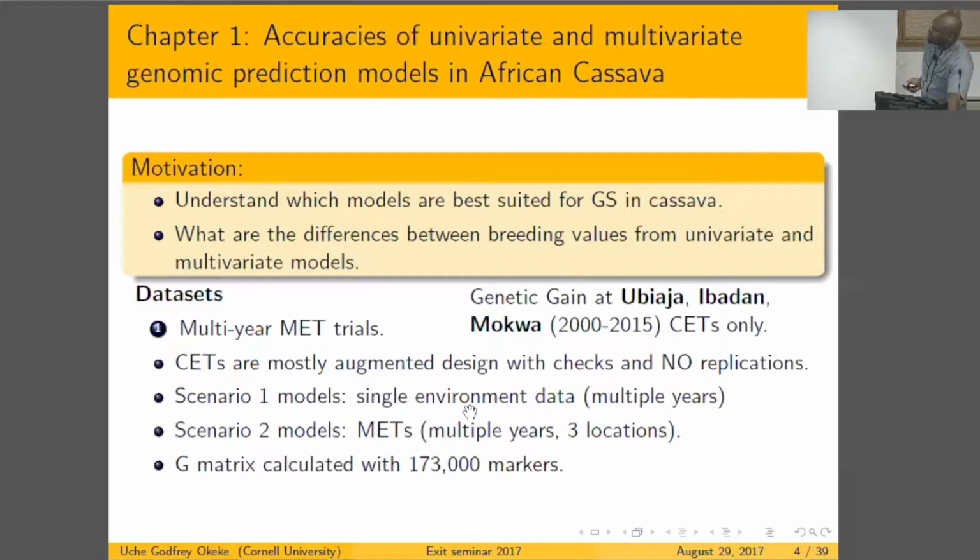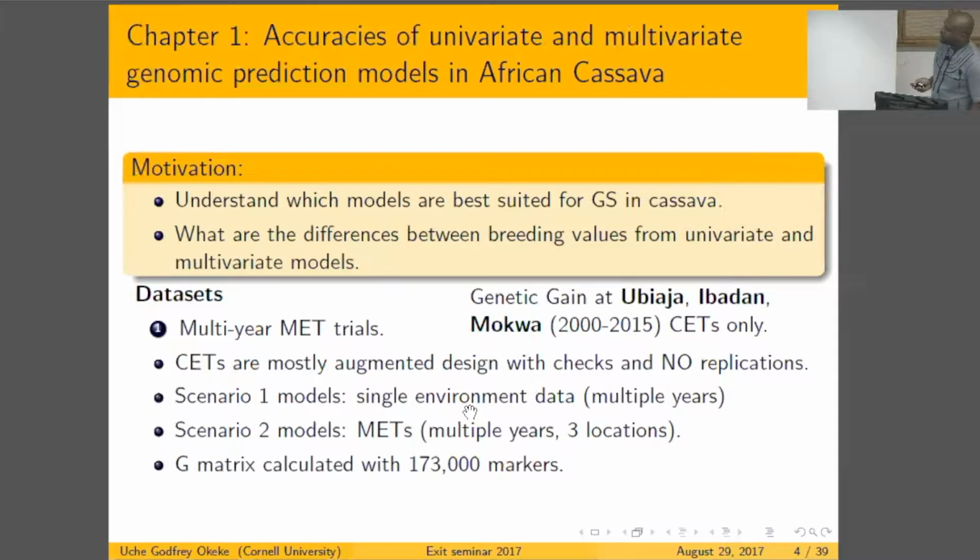And so for this, we had an interesting historic data set. It was a multi-year, multi-environment trial data. It was collected from the so-called genetic gain trials at IITA, Ibadan, Nigeria. And over a span of about 16 years, from 2000 to 2015, we chose these 3 locations, Ubiaja, Mokwa, and Ibadan.